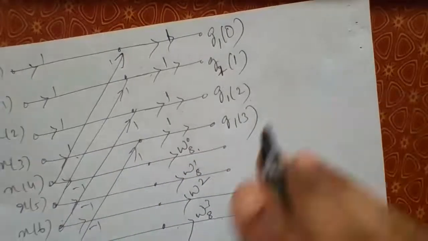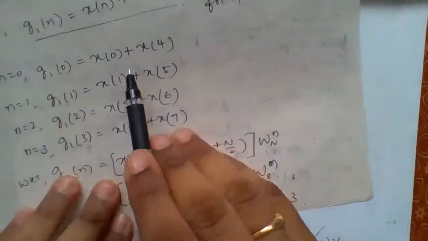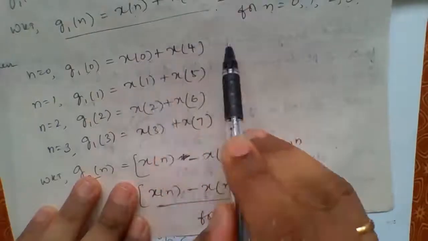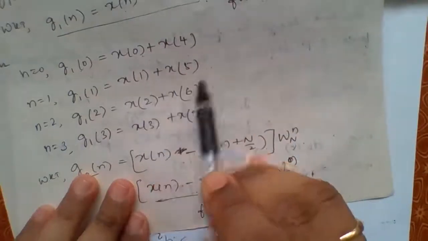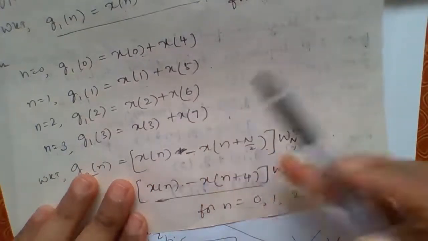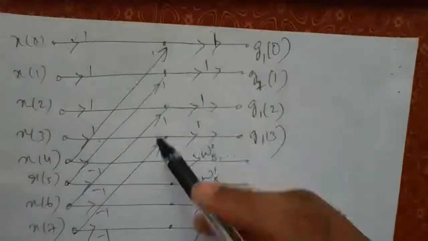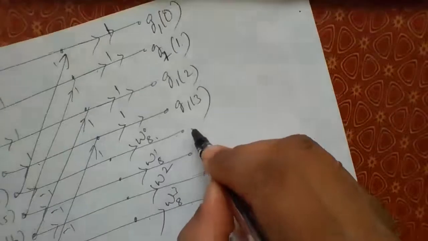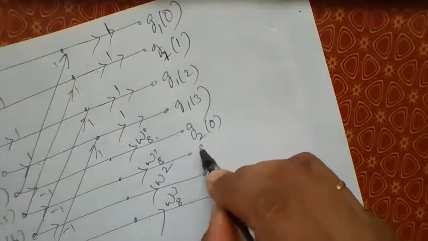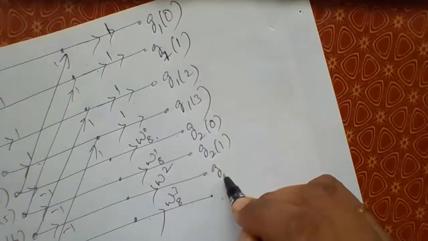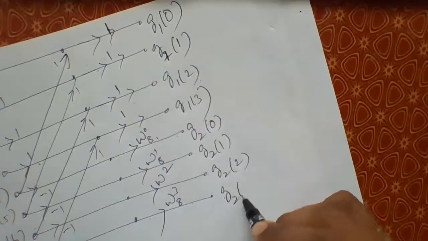So that is drawn according to these equations. G1 of 0 is x of 0 plus x of 4, then x of 1 plus x of 5. So these equations are put in the graphical format. Now the first 4 are over. Next we are generating g2 of 0, g2 of 1, g2 of 2 and g2 of 3.